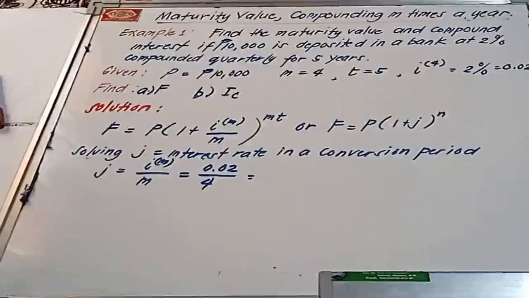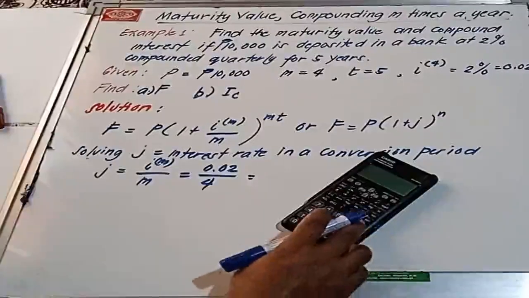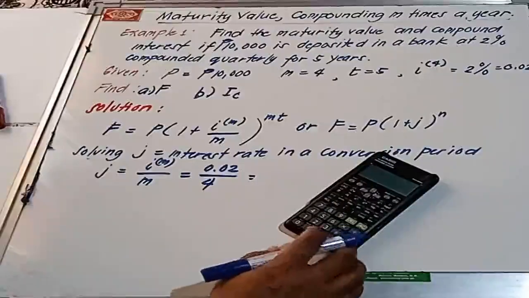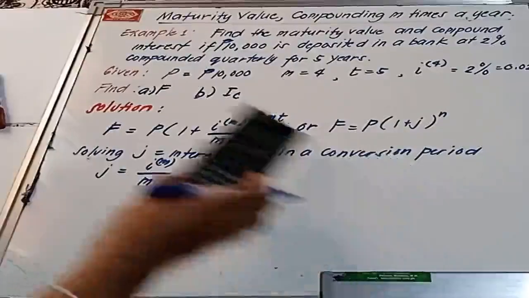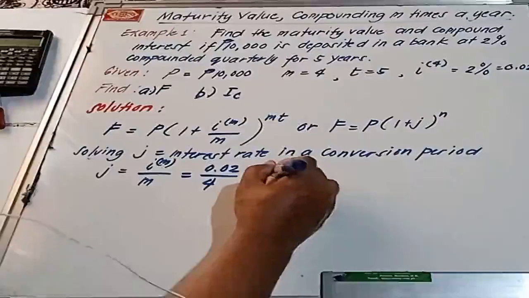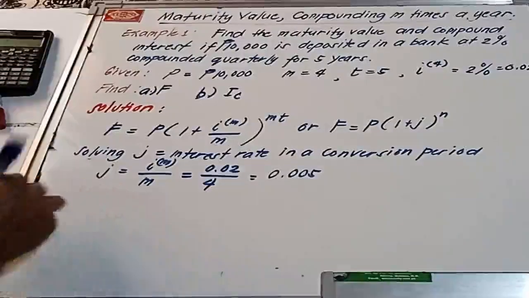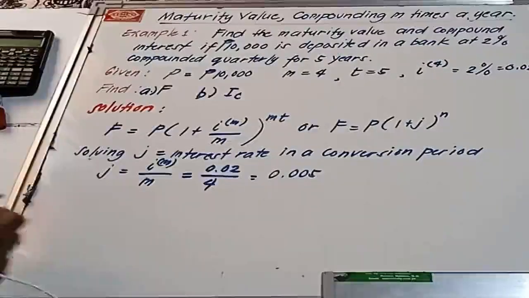So, if we're going to divide that, we have 0.02 divided by 4, and that is equal to 0.005. Okay. Next is we solve for n.